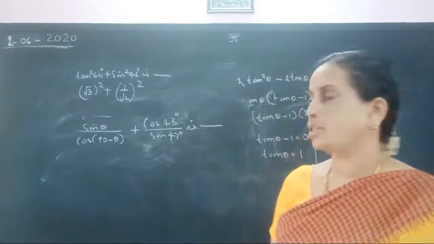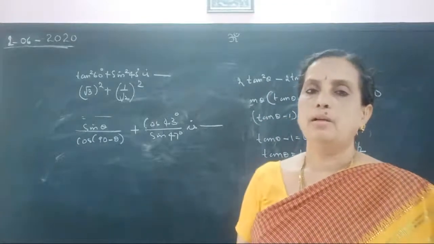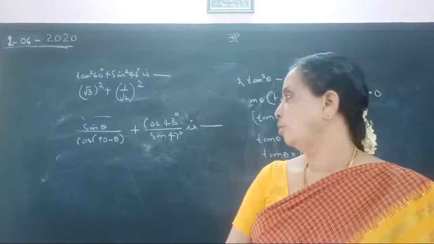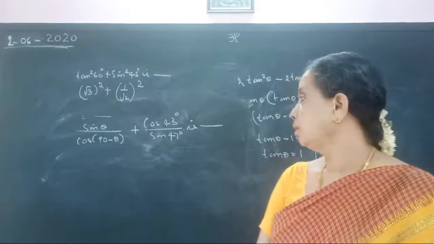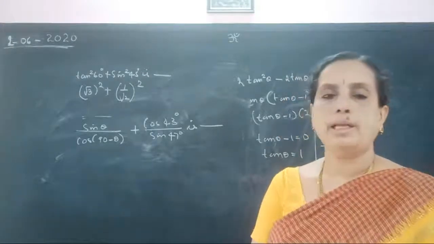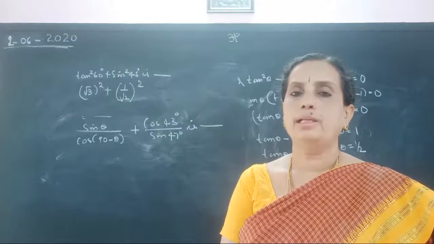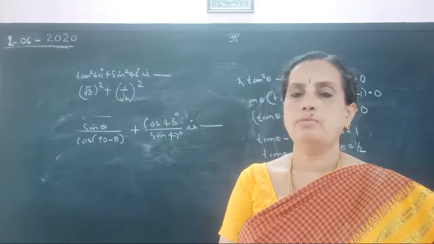What is the answer to this? You have to apply the complementary relation to the denominator of the first term and to either the numerator or denominator of the second term. You have to get the value of the two terms, 1 plus 1.